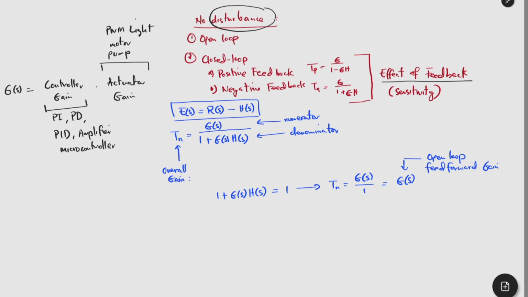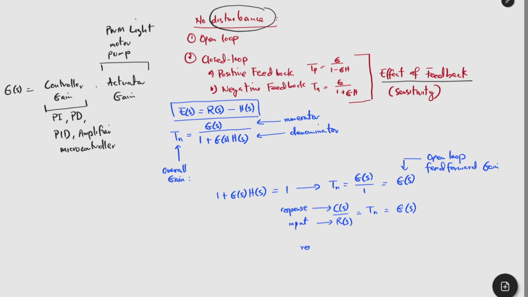It can also be written as C(s)/R(s) equals T(n) equals G(s), where C(s) is the response of the system and R(s) is the input to the system.